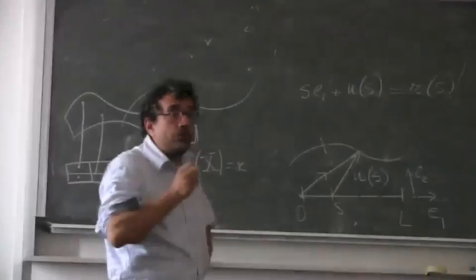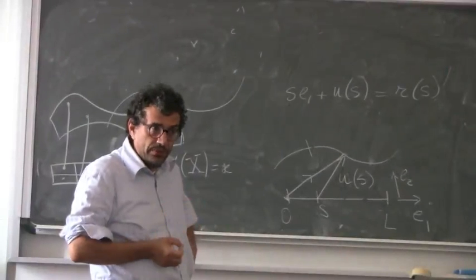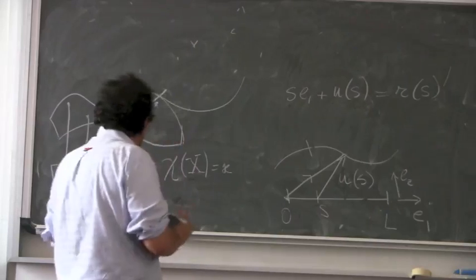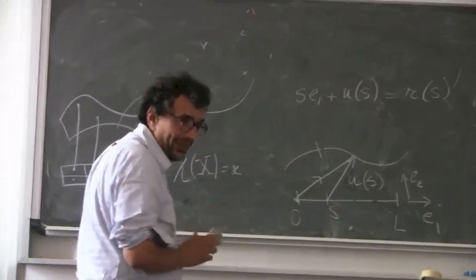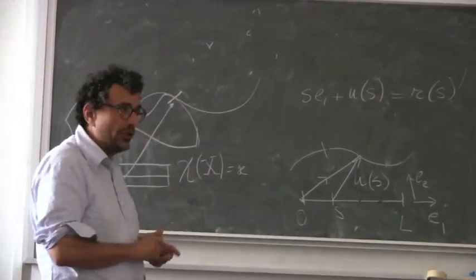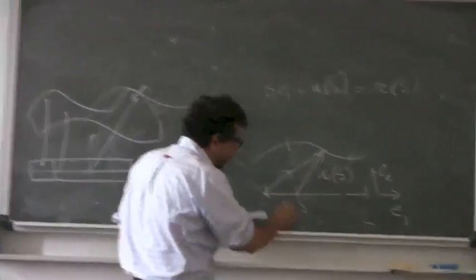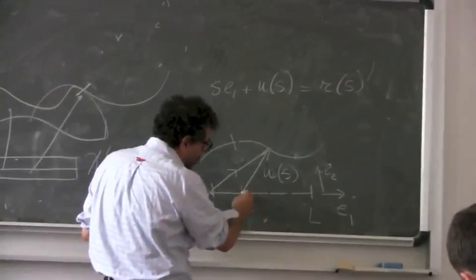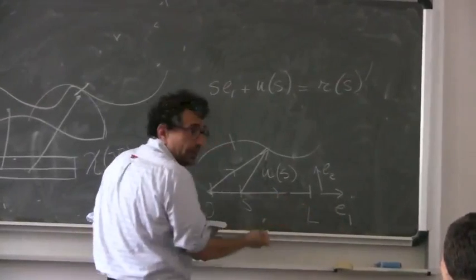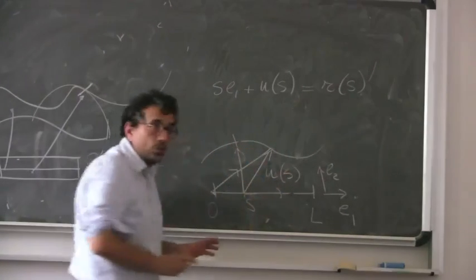So now we have to write the deformation energy of an Euler beam. Okay? We are clever and we follow Euler in another simplification. This U can be decomposed in one component along E1 and in another component along E2.